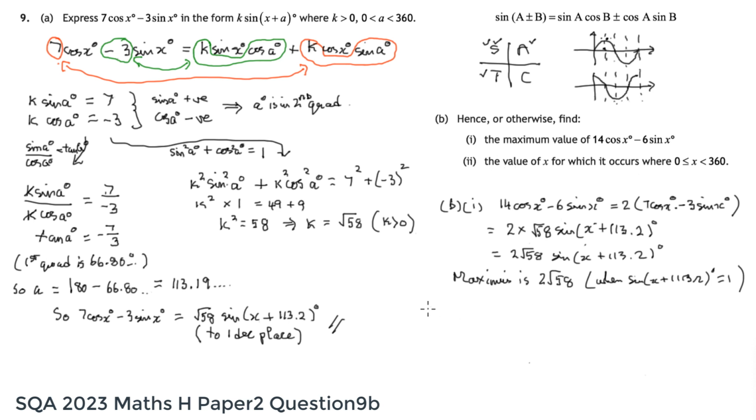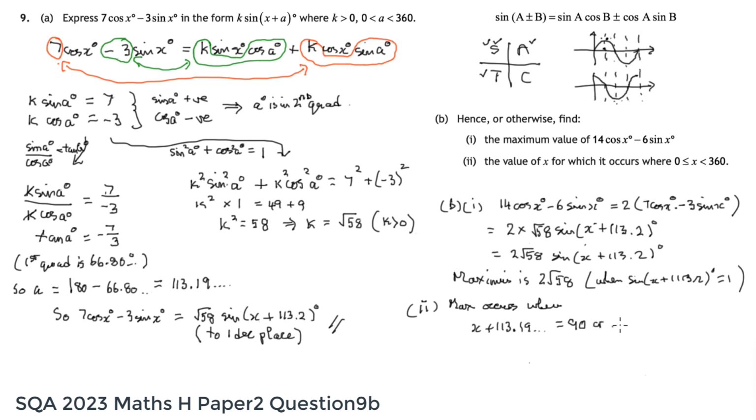And now part 2, this says, what is the value of x for which it occurs, where x lies between 0 and 360? So maximum occurs when the angle, which is x plus 113.2, well, it's 198 and so on, when that is equal to 90.